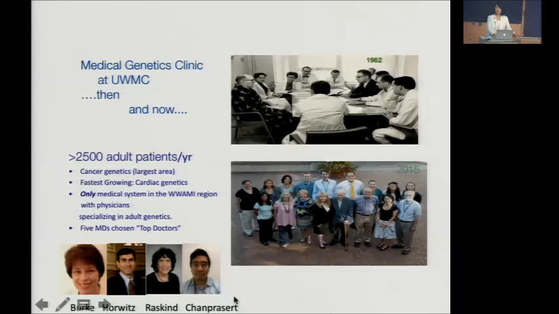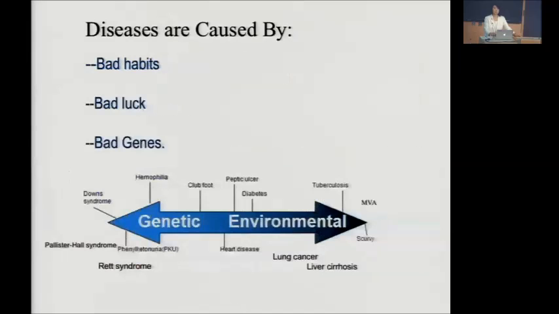So far that's 8 internist geneticists, and while I realize that may not sound like much if you're in the Department of Cardiology or the Department of Gastroenterology, I will tell you that that is the largest group of adult geneticists anywhere in the country. You might think that things are bigger in Texas, and there's a wonderful genetics program in Texas at Baylor, but they have half the number of adult geneticists that we have here and see fewer than half the number of patients that we see.